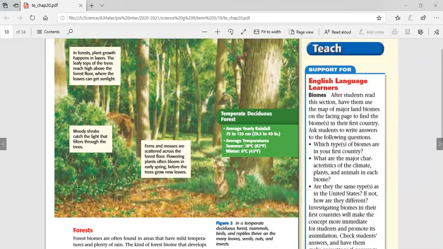That's also a good range of temperature that could support many living organisms. So if water is available and the temperature is good, that allows a lot of living organisms to survive in that place.